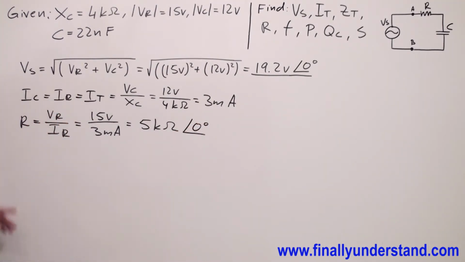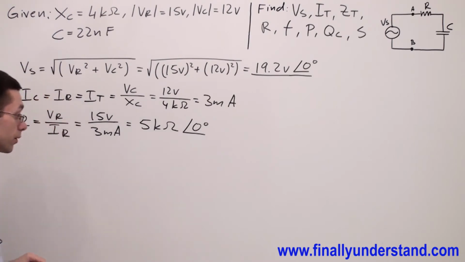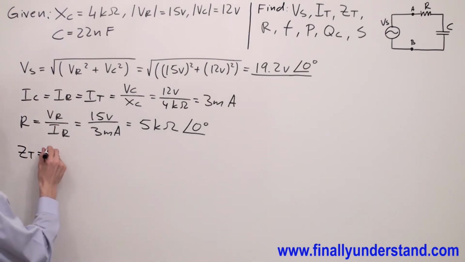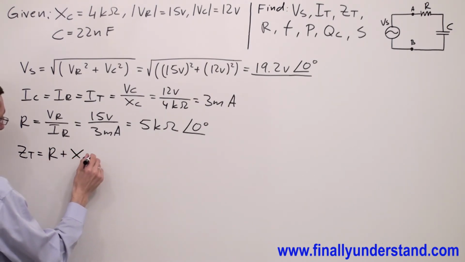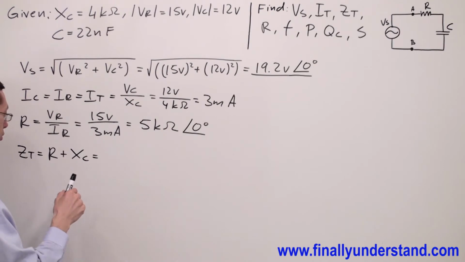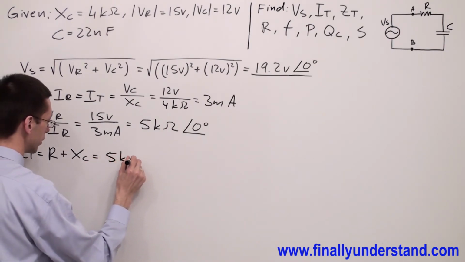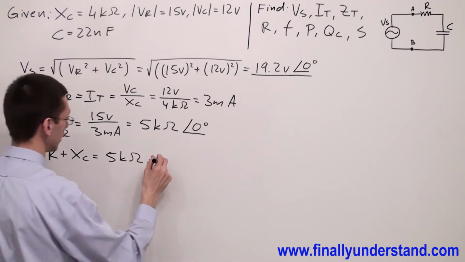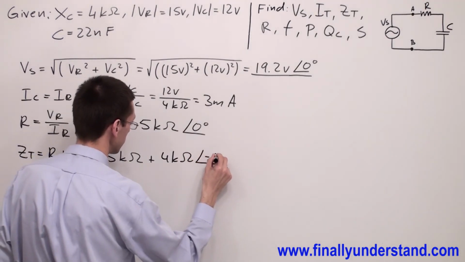We have resistance, we have capacitive reactance, so we can find Z total. Z total is equal to resistance plus X of C, because this is a series circuit. R is equal to 5 kiloohms plus X of C, 4 kiloohms at an angle of negative 90 degrees.